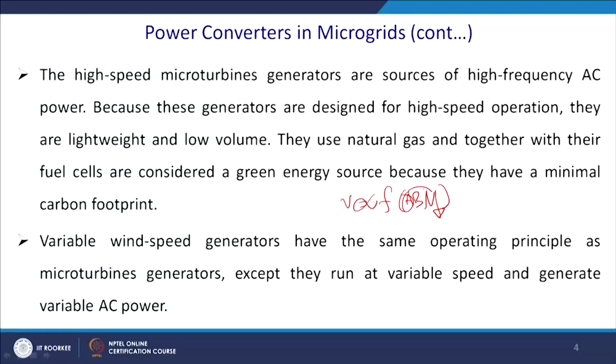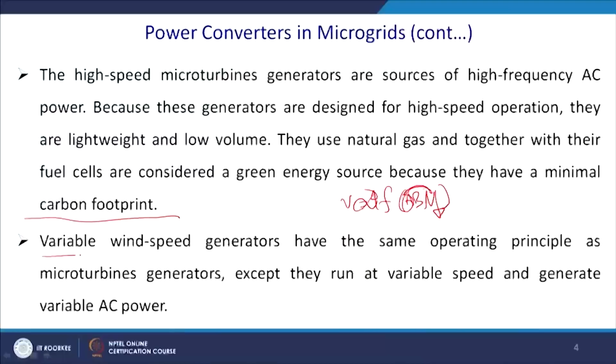So A and N can be reduced by increasing the value of F. They use natural gas, and fuel cells are considered a green energy source because they have a minimal carbon footprint. So that can be used for many micro hydel or fuel cell based generation systems.